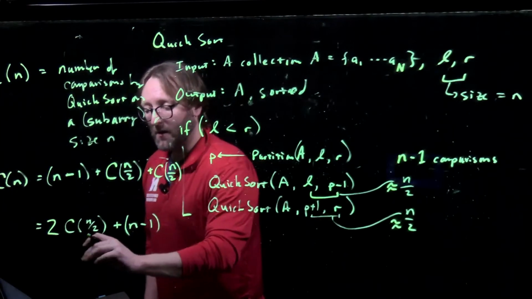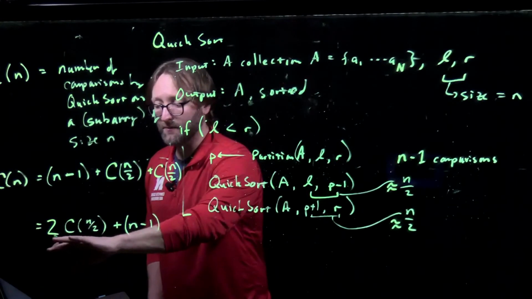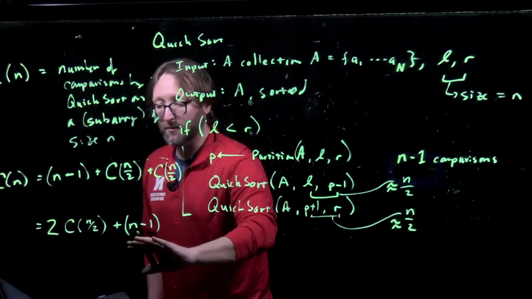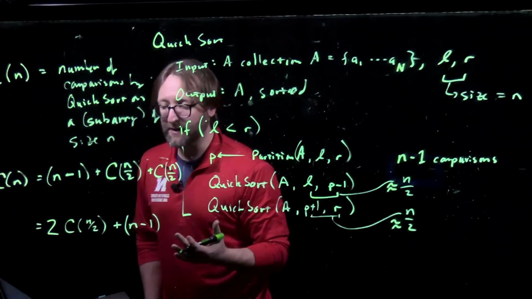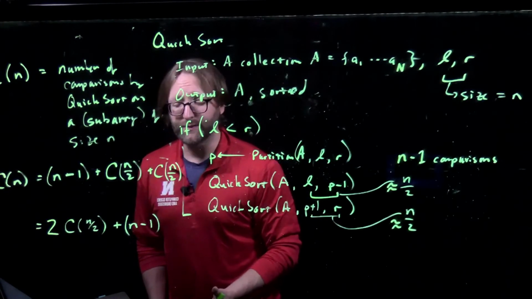But otherwise, you can notice that this is a recurrence relation. It's a nonlinear, non-homogeneous recurrence relation. And so you could solve this through various techniques, but I don't really care about solving it. I care about getting an asymptotic analysis of it.